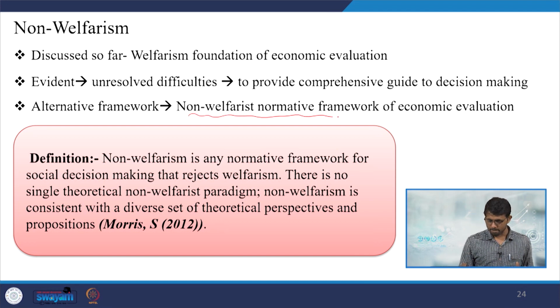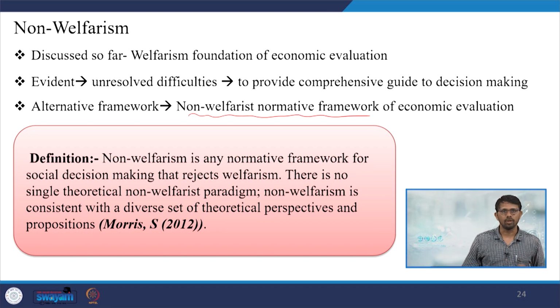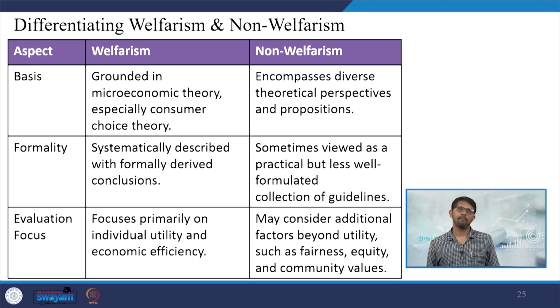So what do we mean by this non-welfarist framework? This is basically a normative framework for social decision making that rejects welfarism, and there is no single theoretical non-welfarist paradigm; non-welfarism is consistent with a set of theoretical perspectives and propositions, as mentioned in Morris 2012 work.